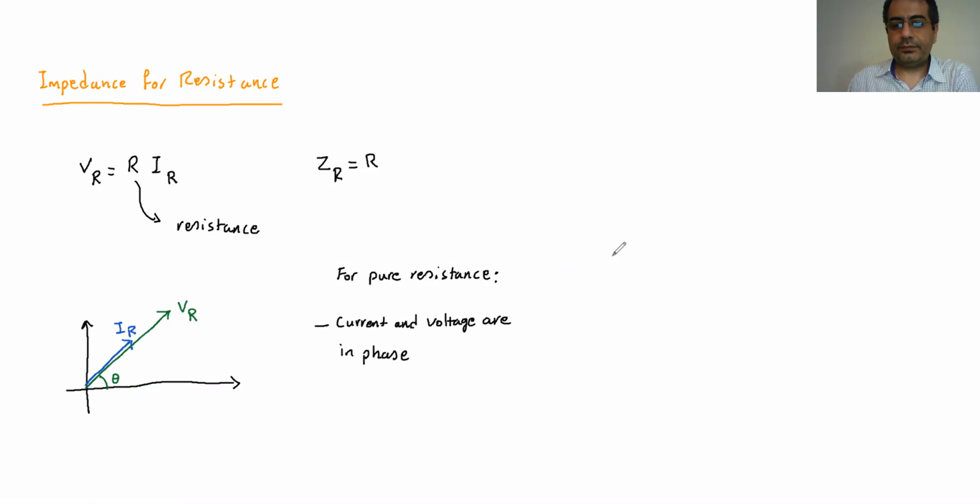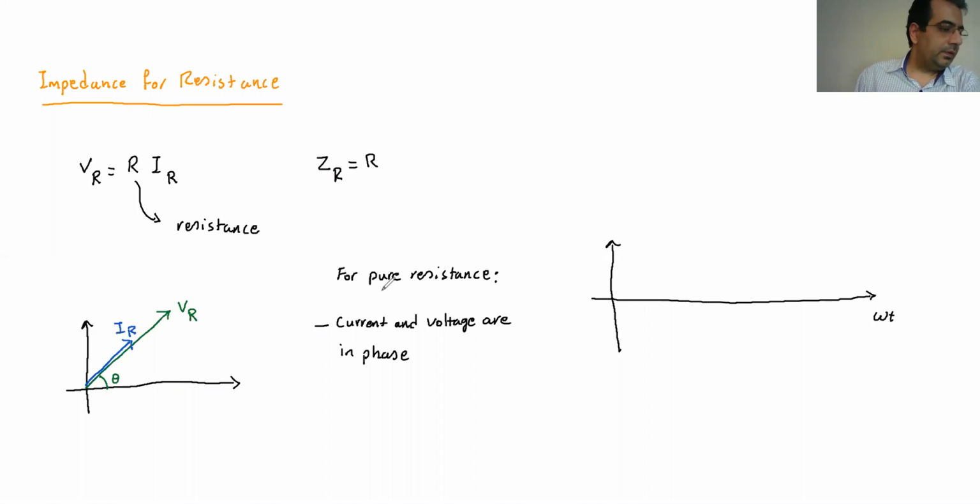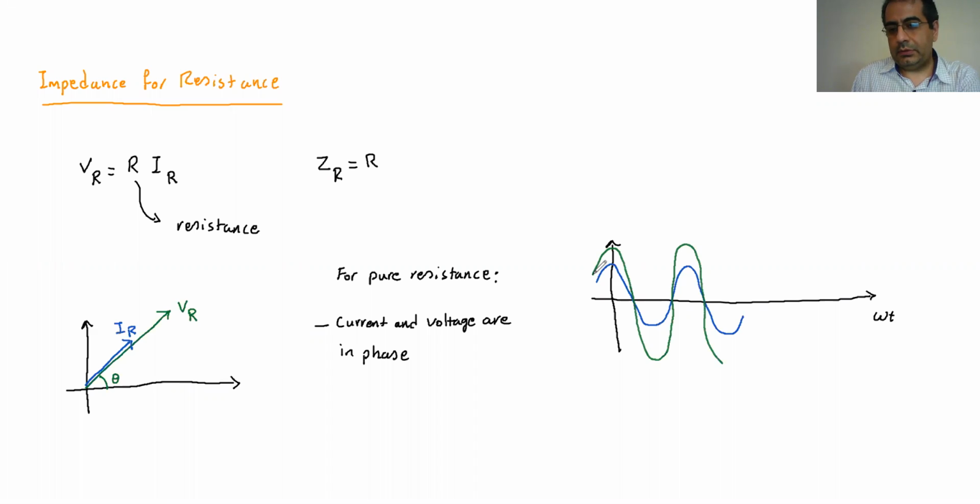So if I draw them against omega t, the V and I, the I goes like this, and the V is again the same, with the peak and the trough at the same time.